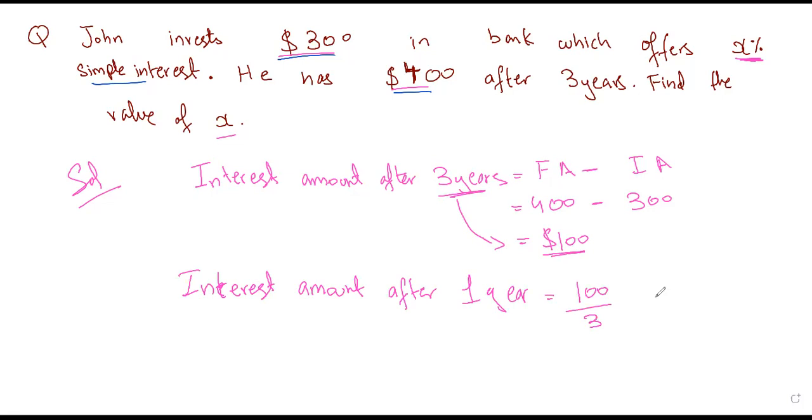So what would be this? Are you guys doing it with me? 33.33. Yeah, okay, very good. So it would be $33.333. So we can just write it this much. Okay. So this is the interest amount after 1 year.